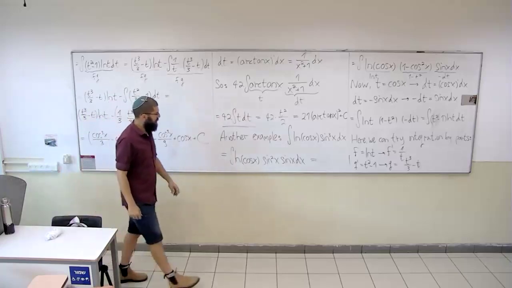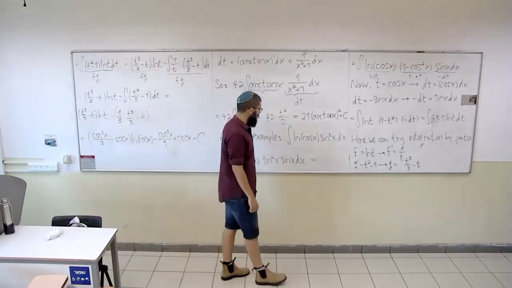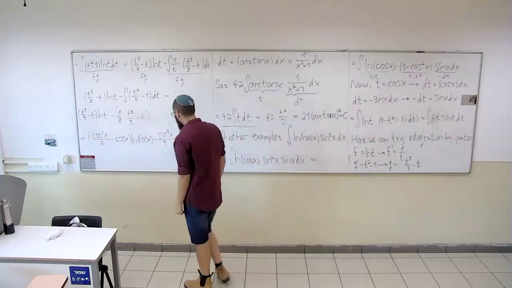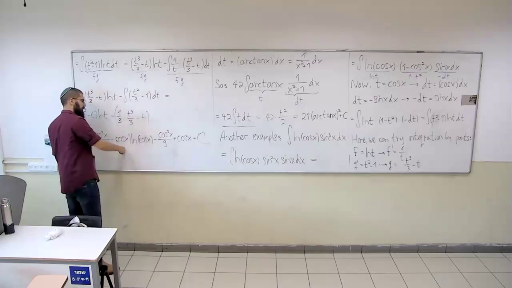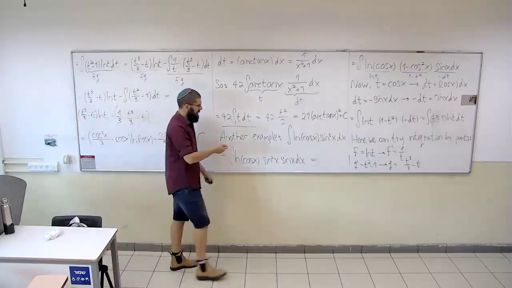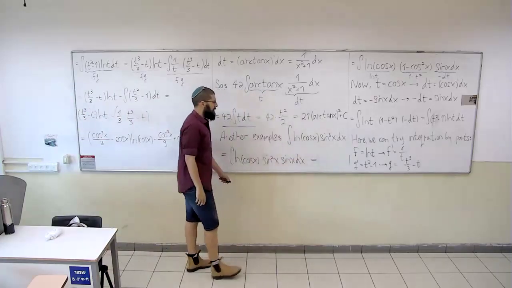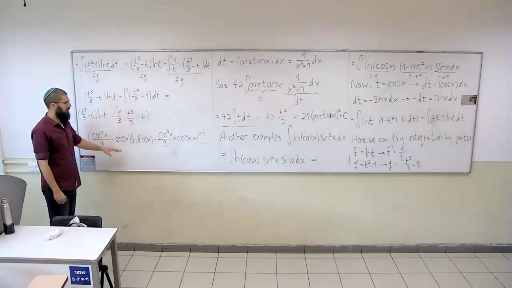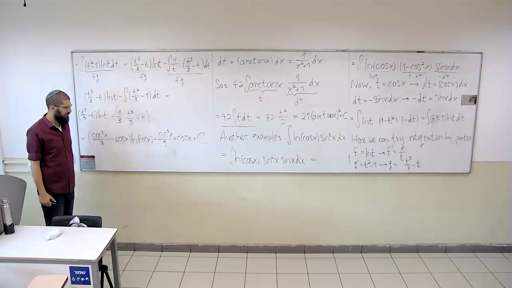So, as I said last week, we don't recommend differentiating the function we got in order to see if we are right or wrong. Solve the question, get the bottom line, add a plus C, and move on to the next question.